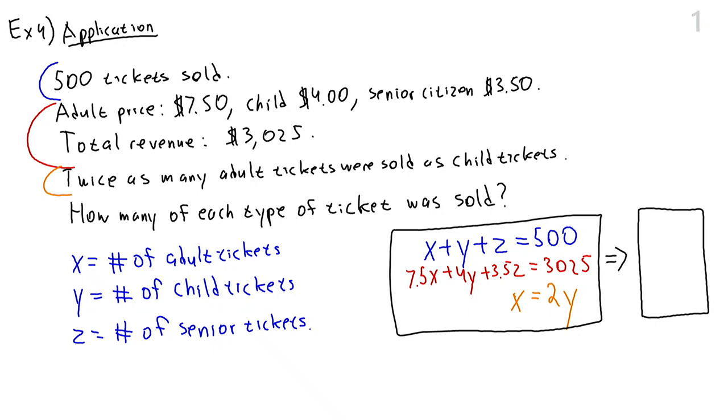And when you do that, the final solution becomes x is 300, there are 300 adult tickets, there are 150 child tickets, and there will be 50 senior citizen tickets. So that is just one example of how you can apply a system of 3 equations in 3 unknowns.